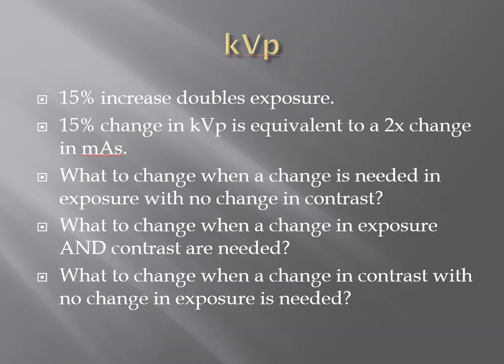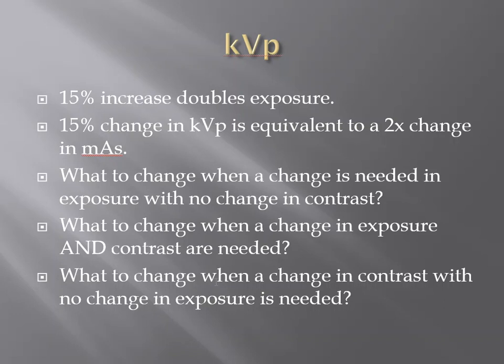So if your index number indicated that you were underexposed and you needed to increase your exposure, and at the same time you needed to change your contrast, then your factor of choice is kVp. If you needed a longer scale contrast and an increase in exposure, you would increase your kVp, and that's the only thing you would change.